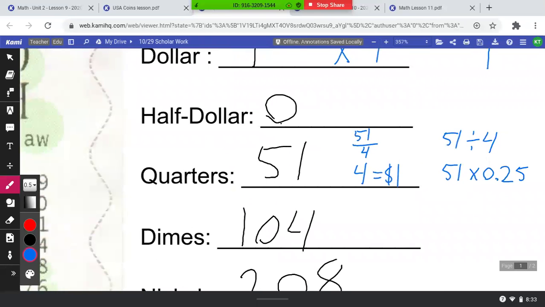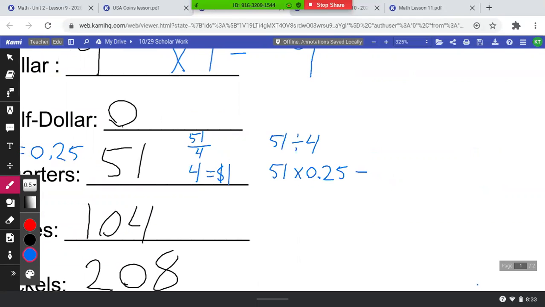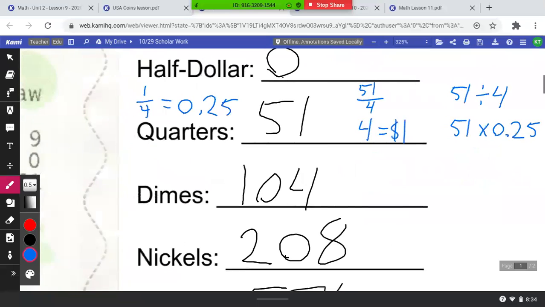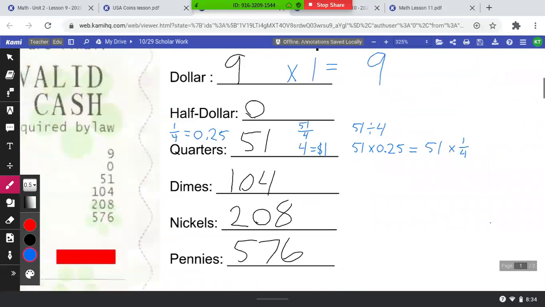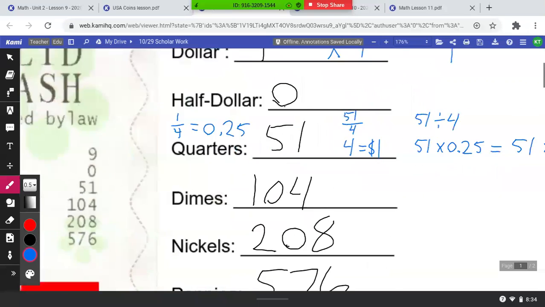Well, remember, 1 quarter is 1/4, which equals... So that would be the same thing as doing 51 times 1/4. Let's move on to dimes. I want to get all these game planned calculations ready, and then we can go and do the math next.